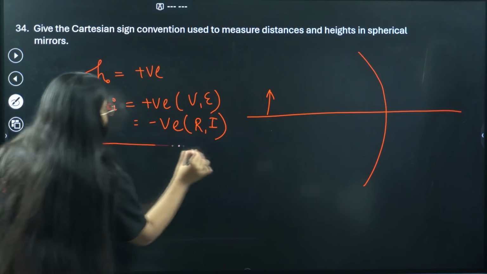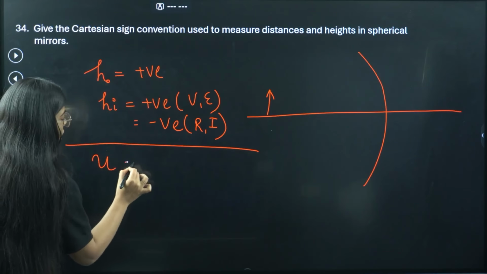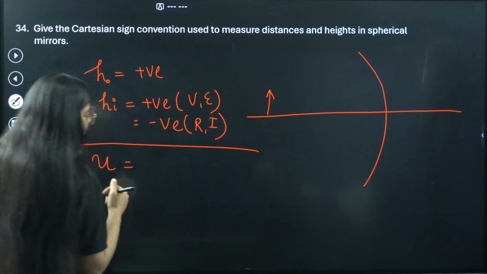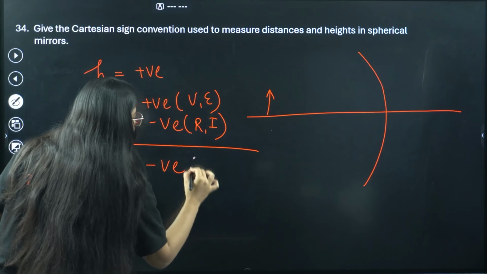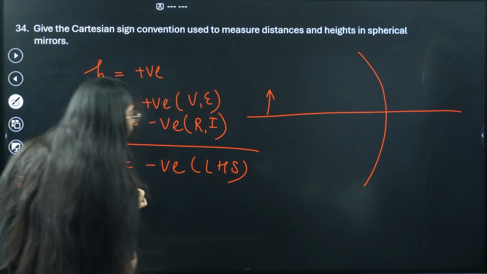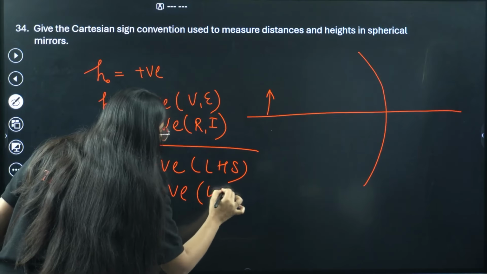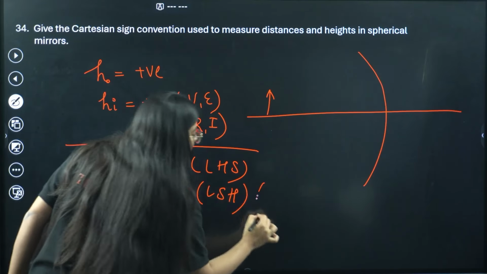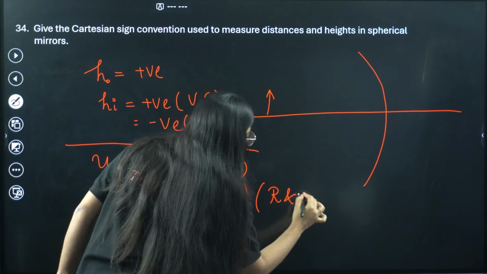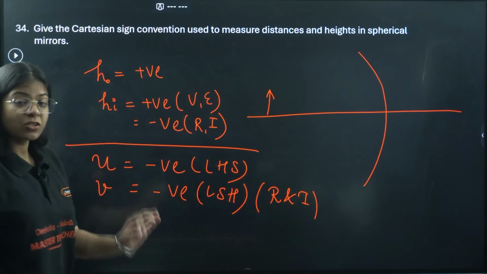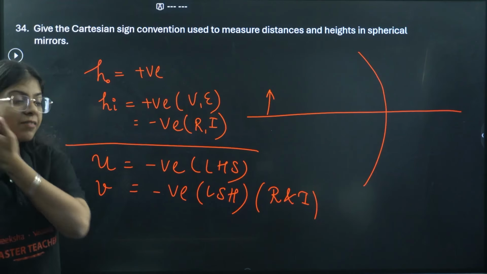Then with distance, we know U is always placed on the left hand side of the mirror, so that will be negative. V is negative for the left hand side, for real and inverted images. In case of mirror, remember, for lenses it's different.